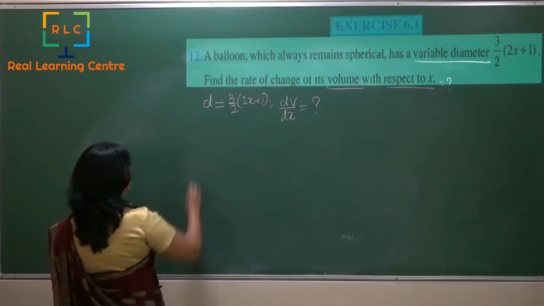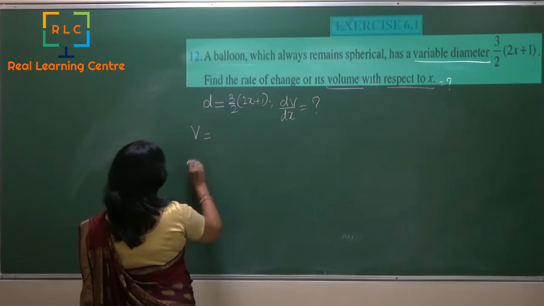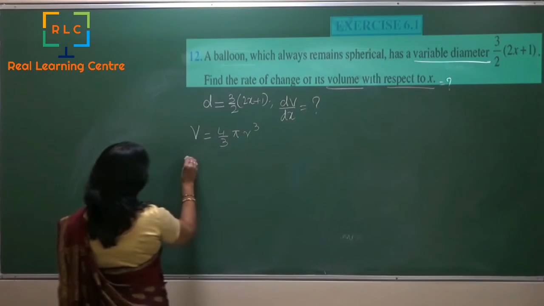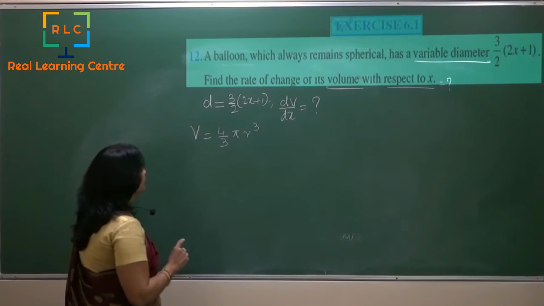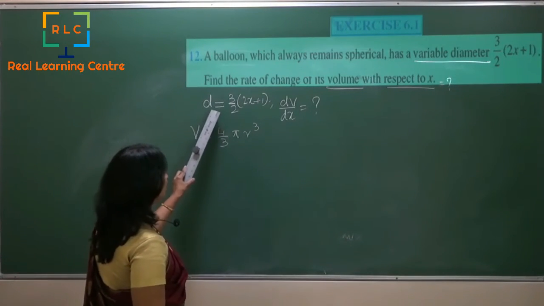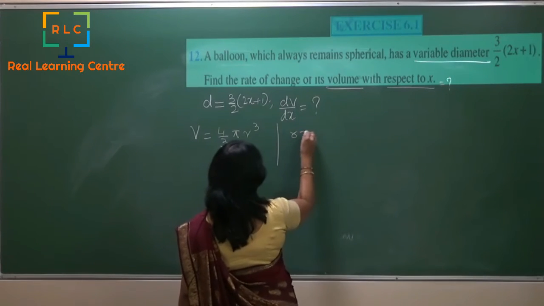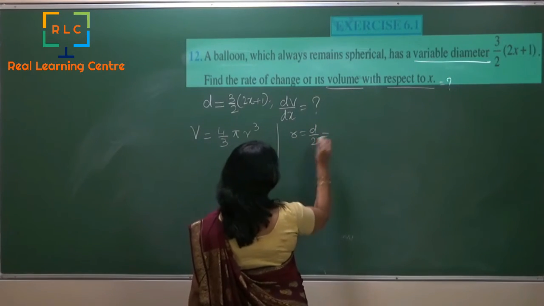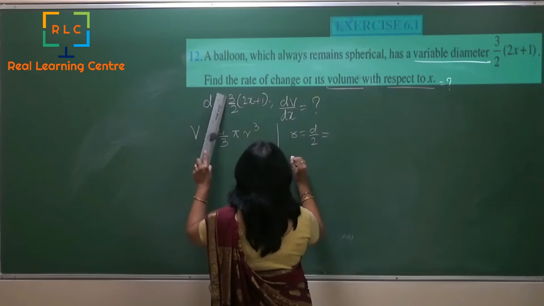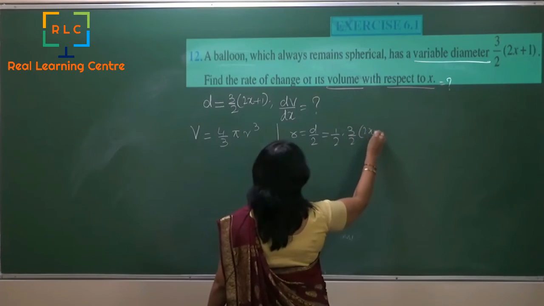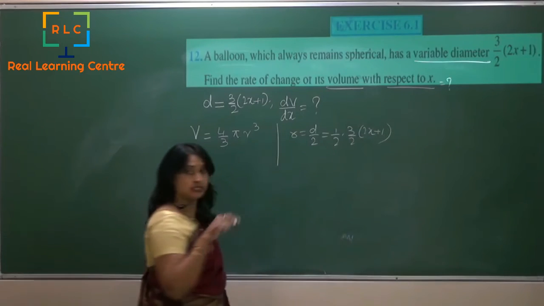So we'll start off with the volume of the sphere. V is equal to 4 by 3 pi r cube, and here they have given an expression for diameter. So this diameter tells you that r is equal to d by 2. So half of this, 1 by 2 into 3 by 2 into 2x plus 1, is our radius.